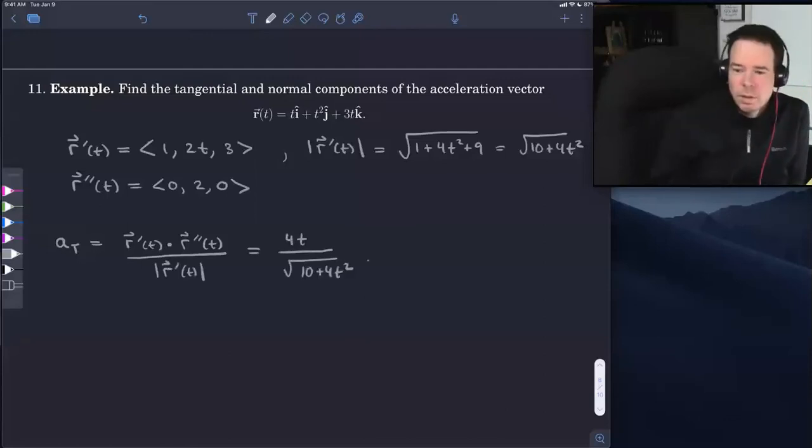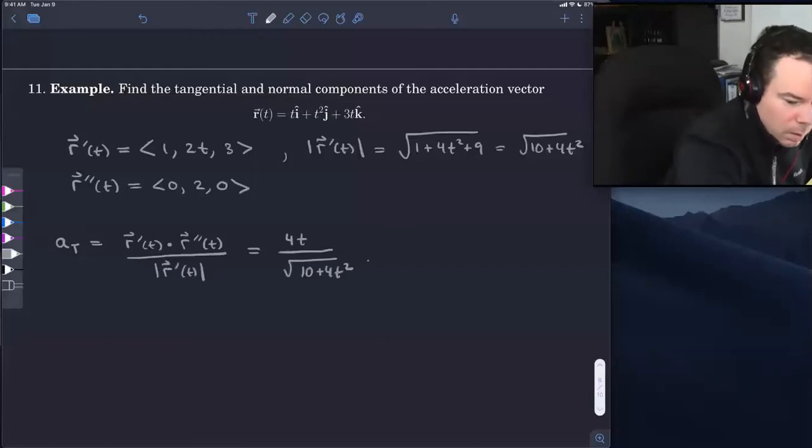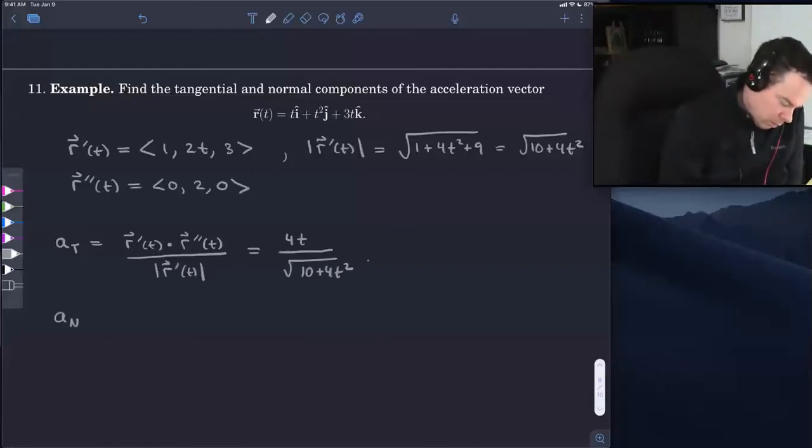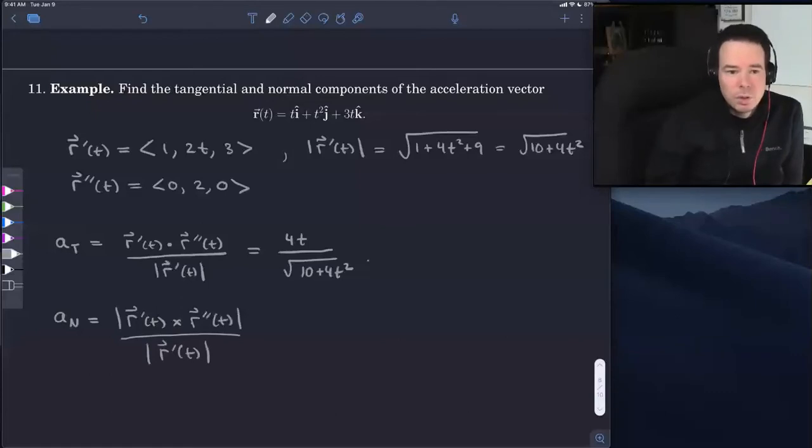So there's our tangential component of the acceleration. What do we need now? Now we need to work out the normal. The normal is given by the magnitude of r prime of t cross r double prime of t divided by the magnitude of r prime of t. So we're going to need to know the cross product.